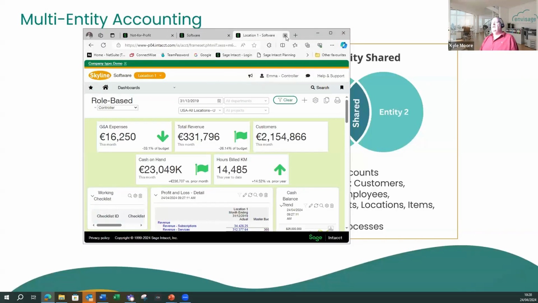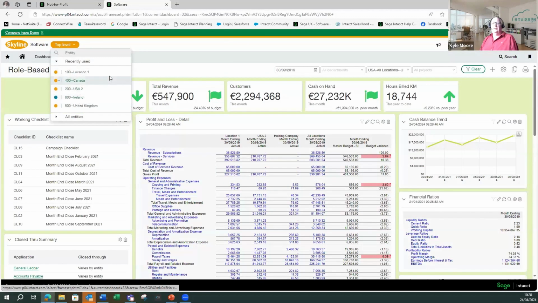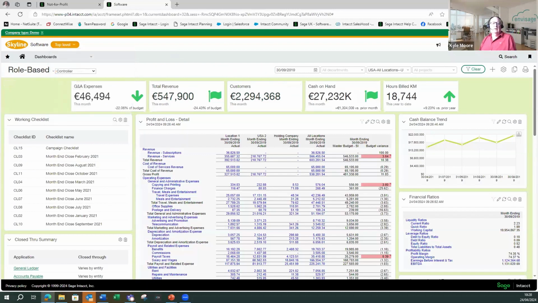Okay, so that's our different locations and how easy it is to drop from one level to another, and how the information gets transferred as we go along. So many different sources, you're pulling those all together. I'm sure you spend quite a lot of time, if you have different companies, different entities, pulling spreadsheets together. This can do it all for you, just at the click of a button.